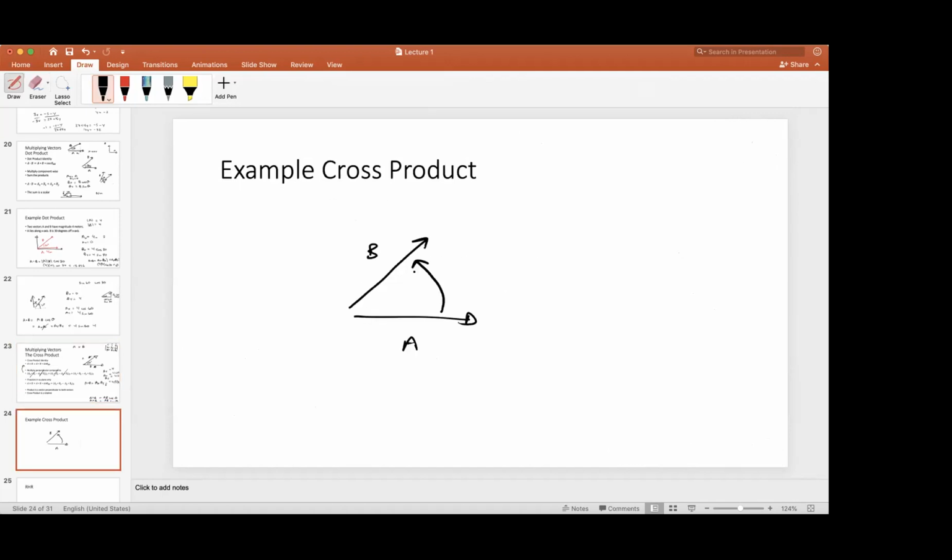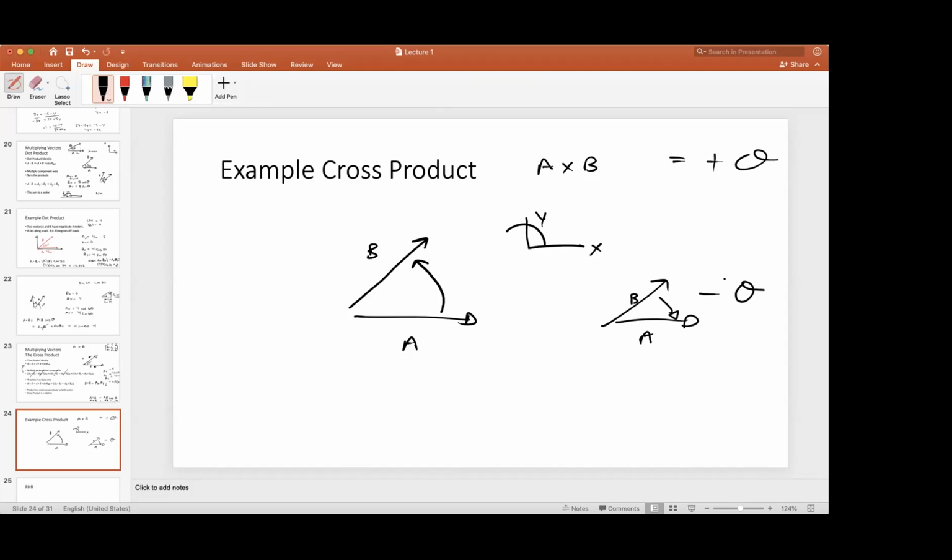Because we're rotating A to B, we're crossing A to B, so A cross B gives us a positive rotation. I'm just going to put a theta for that rotation. It's positive just like with the X and Y axis, right? If you're going this way around, it's positive. If you were going the other way, it would be negative, like we talked about earlier. Now, B cross A, if we were to rotate B to A, this would be a negative rotation.